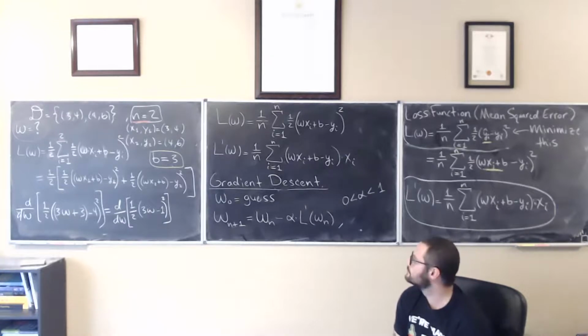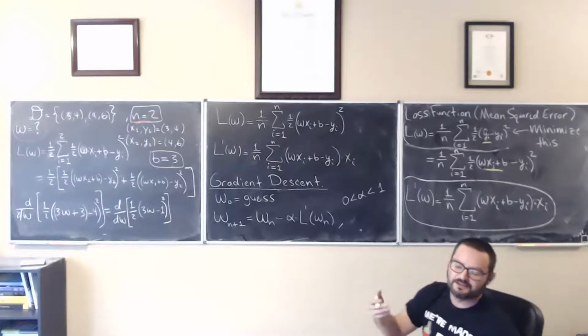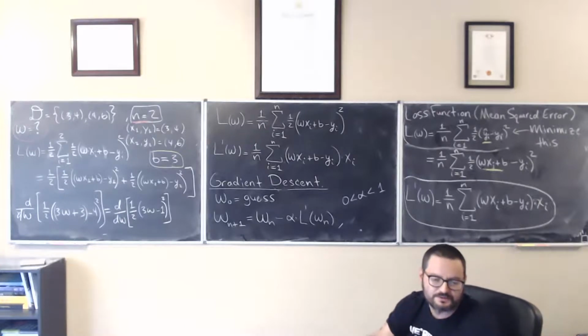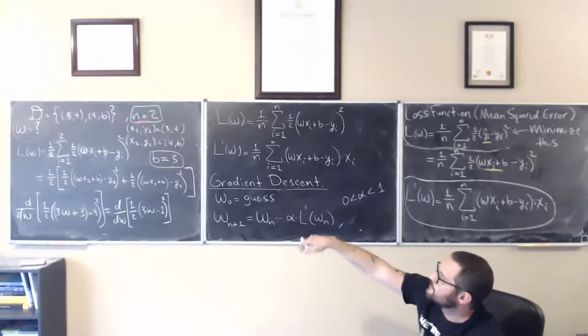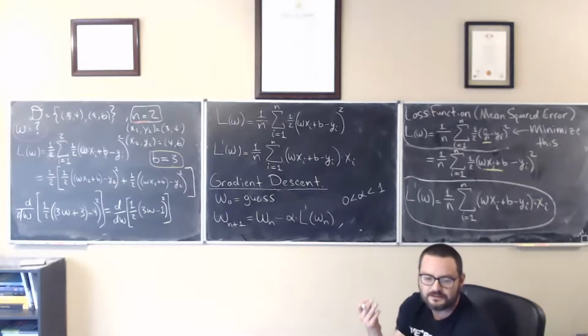So we want to set the derivative of L of w equal to 0, right? We want to find out when the derivative is equal to 0 because that means it's a critical point. Local min and local max occur at critical points, whenever the derivative is equal to 0 or the derivative doesn't exist.